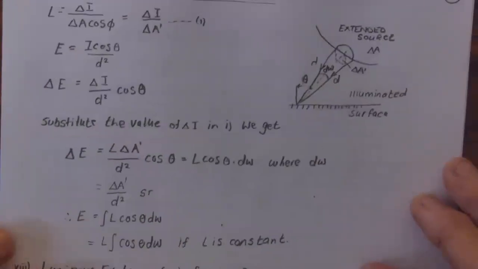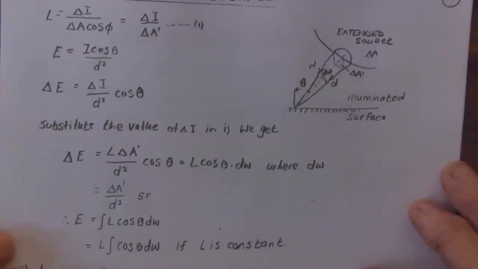Now if we look at that little drawing there, we have an illumination in a certain direction that falls on an area. The cosine of that area gives the perpendicular area to the source.